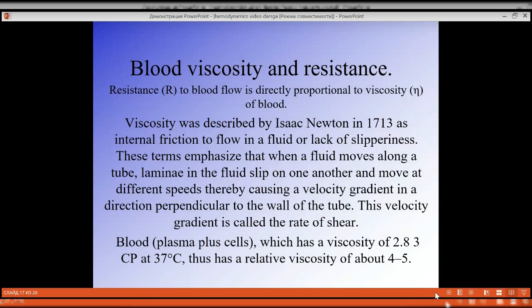This velocity gradient is called the rate of shear. We know that blood, which has a viscosity of 2.8 at 37 degrees Celsius, thus has a relative viscosity of about 4 to 5.